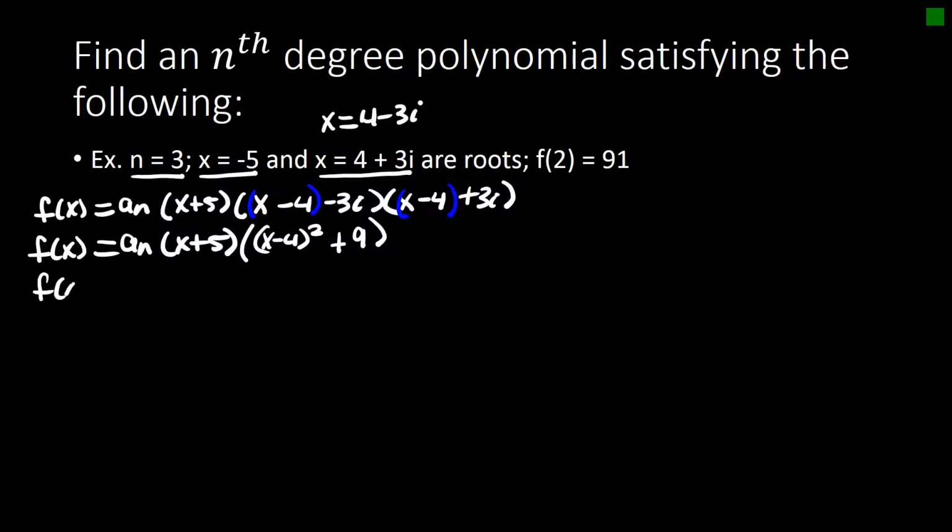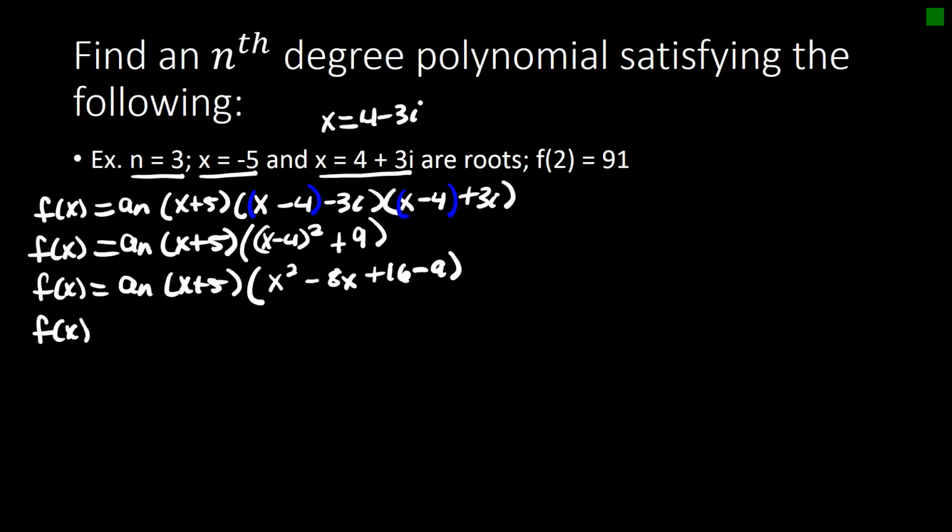So let's clean this up a little bit. We can expand out x minus 4 quantity squared. It's going to be x squared minus 8x plus 16 plus 9. Remember, you have to write them out side by side and use FOIL. When we clean that up a little bit, we're going to have x squared minus 8x plus 25.